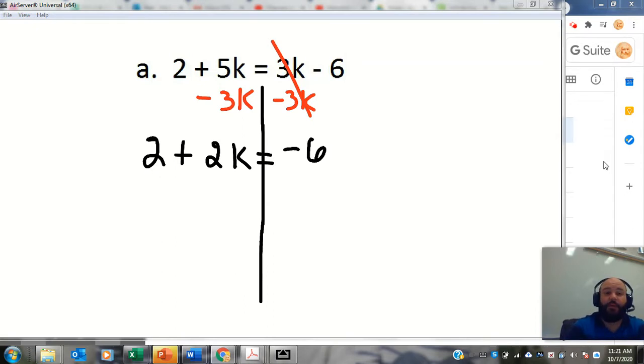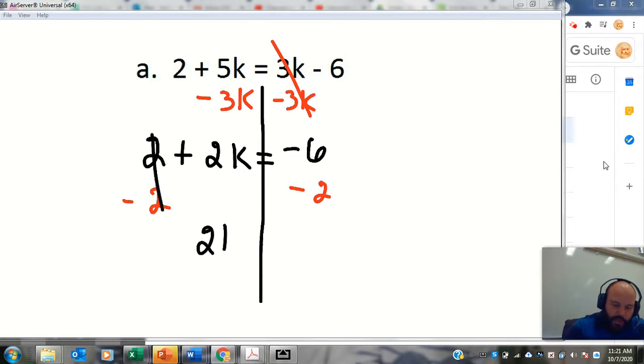So now you can see what I did. What I accomplished was moving all the variables to one side of the equation. And what this does for us is allow us to begin solving for k. This is just a two-step equation, which is what you guys have been working on in the last few videos. From there, I'm going to subtract 2 from both sides. When I do that, the 2's cancel.